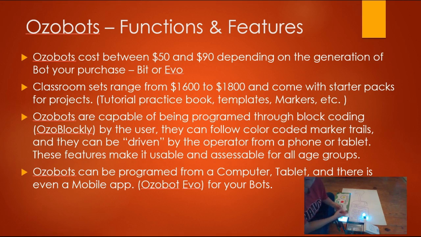K-3 kids can drive it, from greater than or less than signs, and as you get older, you can navigate the digestive tract. Ozobots can be programmed from a computer, a tablet, and there's even a mobile app, so this could kind of go into the mobile world as well. The EVO, I think, works a little bit better with the app than the BIT does.